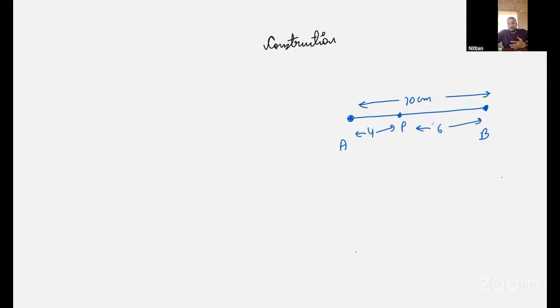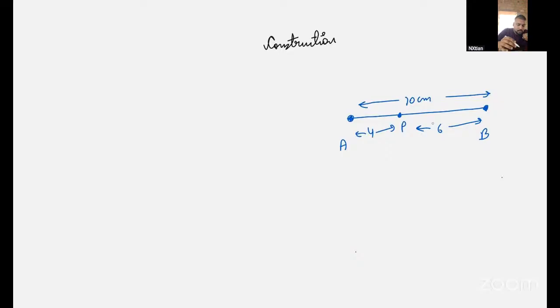So we are dividing the line segment into 4 centimeter and 6 centimeter, or 2 centimeter and 8 centimeter. So we can make a point and divide into ratio. You got the ratio? Okay.